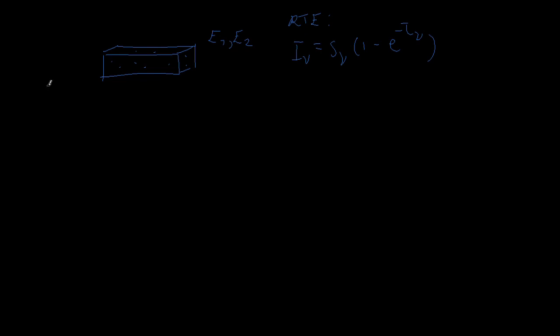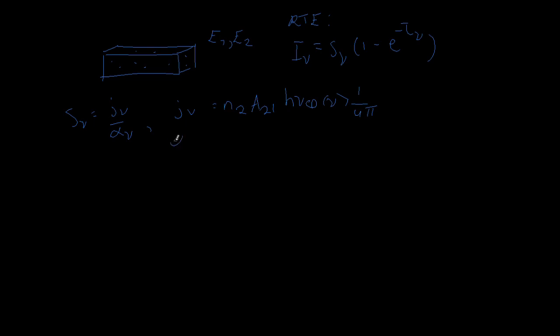The source function is given as J nu over alpha nu, where J nu, the emissivity, is given as the number density in the second level times the Einstein A coefficient times h nu as the energy and times the line profile function phi nu over 4 pi.